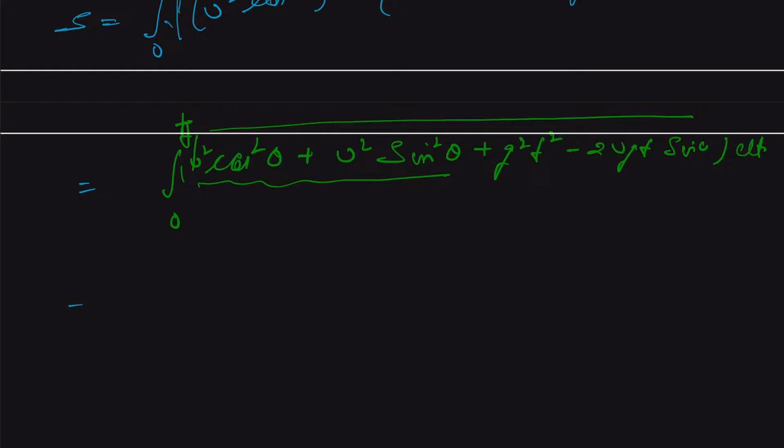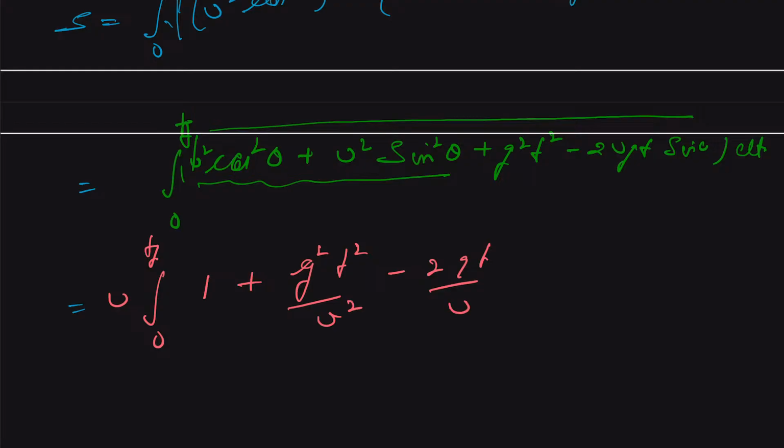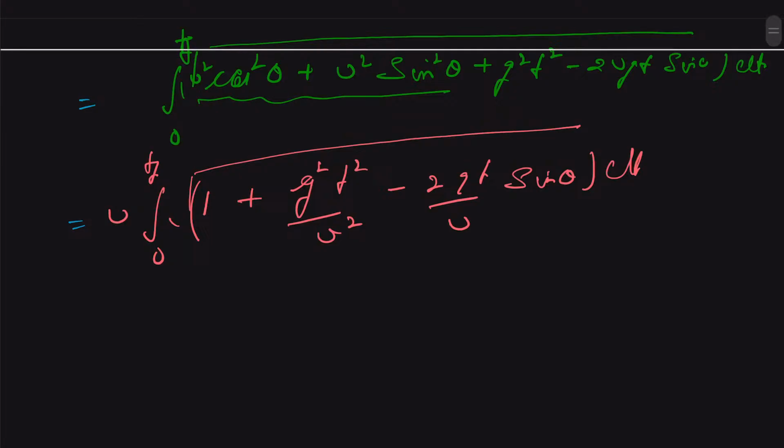And now let us take v as common, so we can write this as v integral 0 to tf, cos square plus sine square will be equal to 1, so this comes plus 1, and we are having this as plus g square t square upon v square, and minus 2 gt upon v, and we have this as sine of theta, and its square root. Okay. So we have to solve this now.